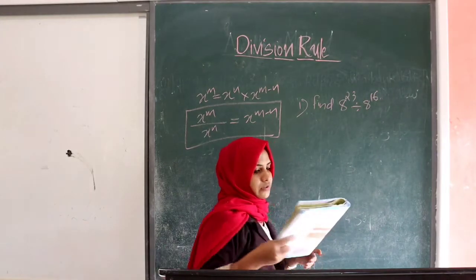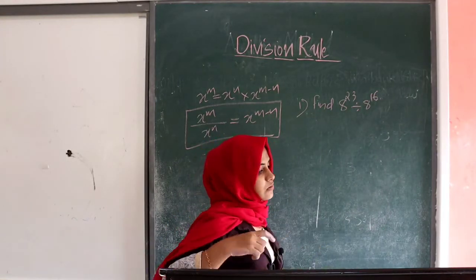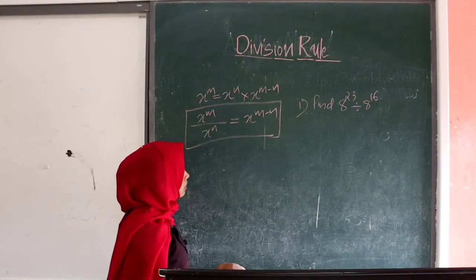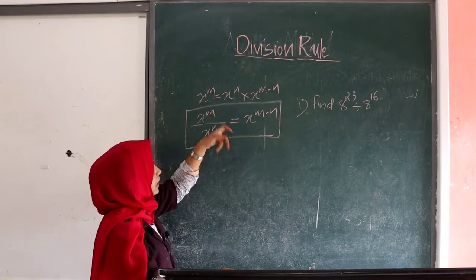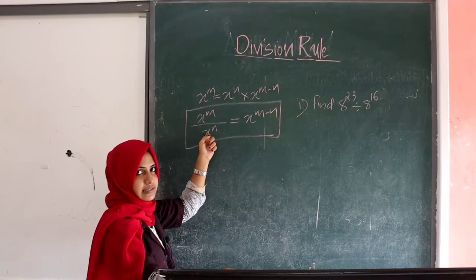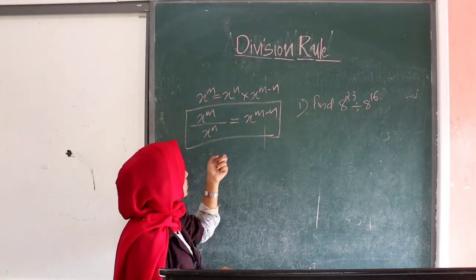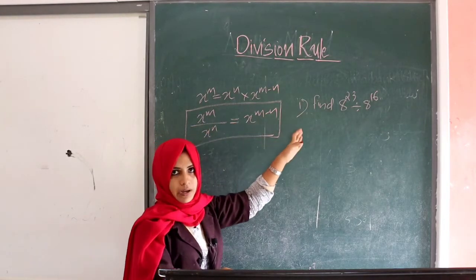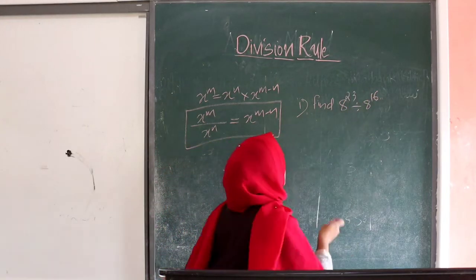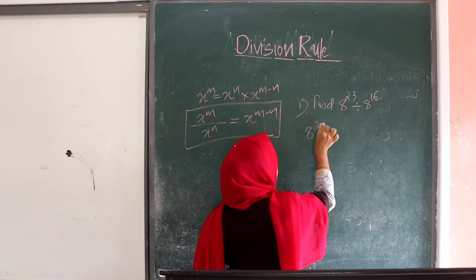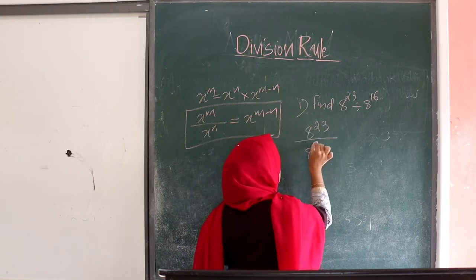Here 8 raised to 23 is x raised to m and 8 raised to 16 is x raised to n, and the answer is x raised to m minus n. We just subtract the exponents, or powers.